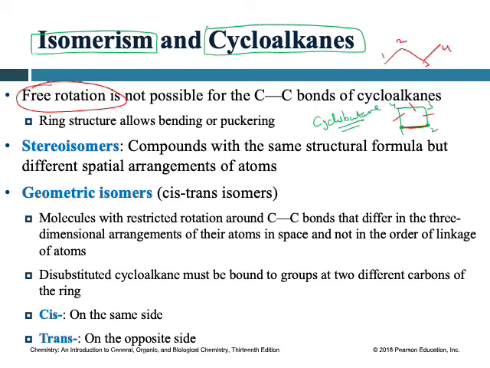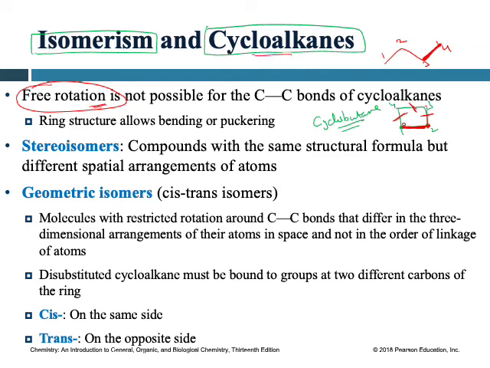If I move these two carbons, I can easily move 3 and 4. Why? Because there is no more carbon attached to them. They are free to rotate. But over here they are all interconnected. So if I want to move carbon 1 and carbon 2, there's a high chance we're going to break one of these bonds. So it's not possible. So free rotation is not possible in cycloalkane.